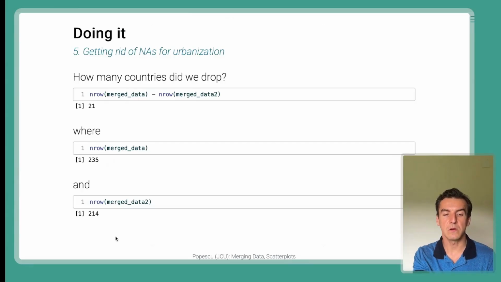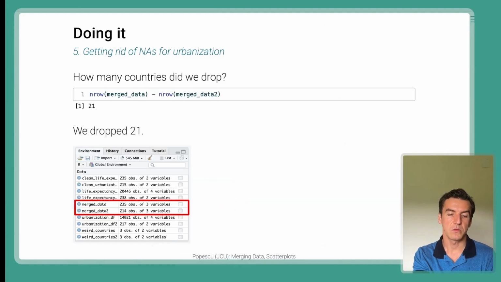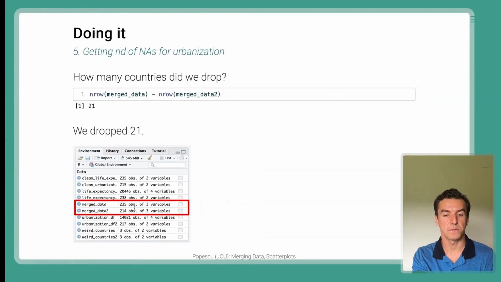So 235 minus 214 gives us 21 observations that we dropped as a result of this NA omit procedure. Notice that 235 minus 21 gives us 214 observations.